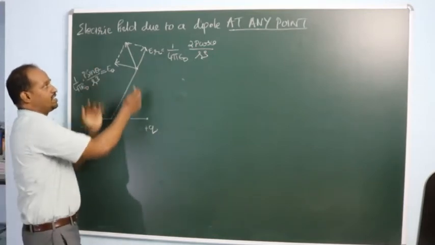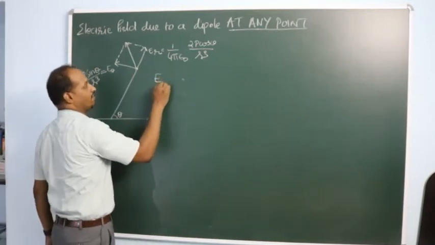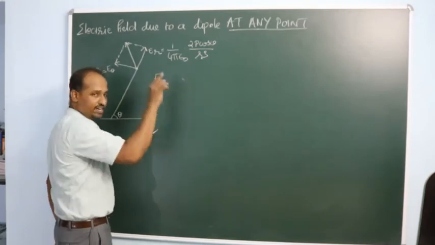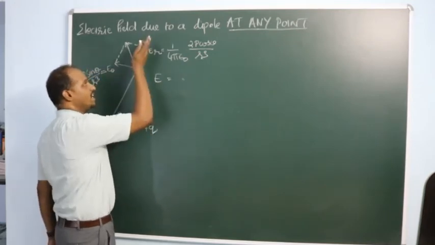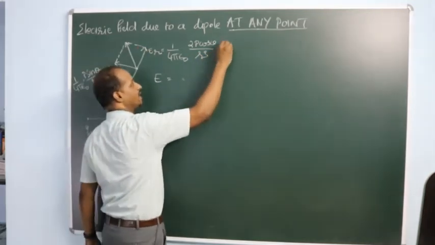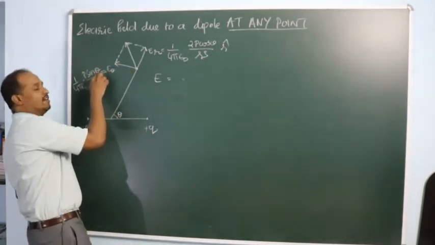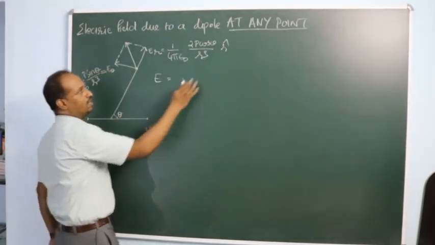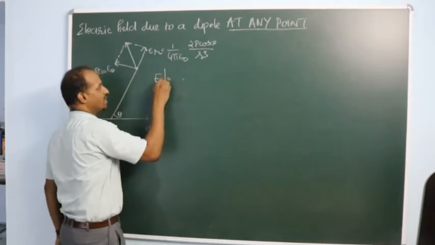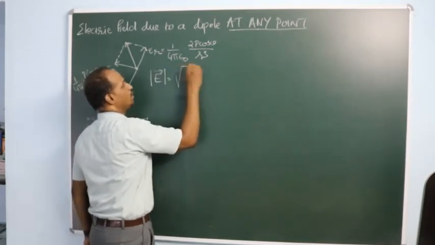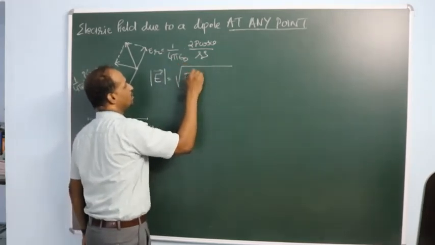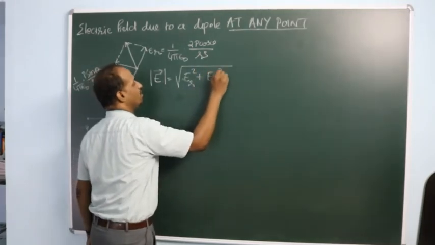Since they are at right angles to each other, the resultant electric field E, which has a radial component along r cap and a tangential component, has magnitude root over E radial square plus E angular square.